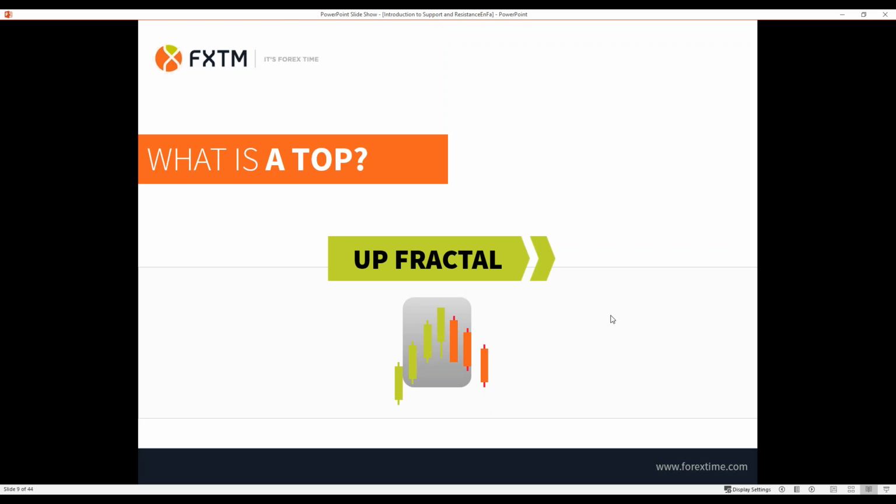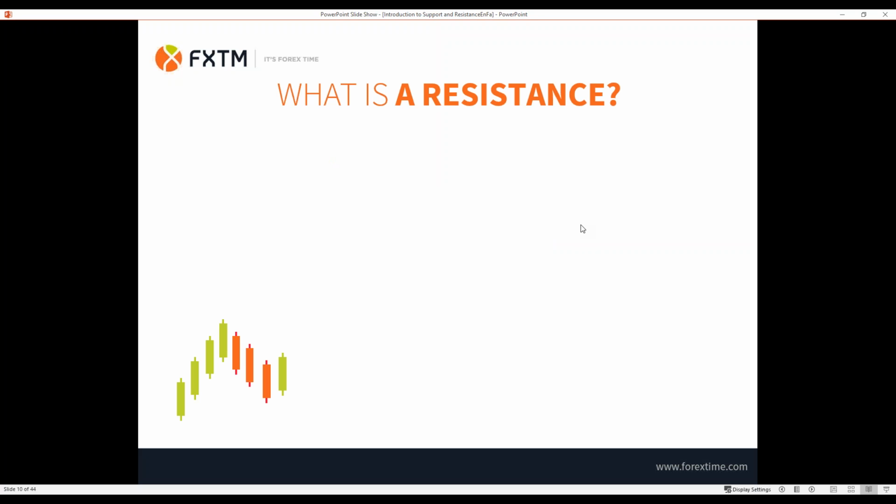So why do we need to be able to identify a top correctly? Because we need tops for many different reasons. One of the reasons is to identify a resistance. So resistance is actually a top.